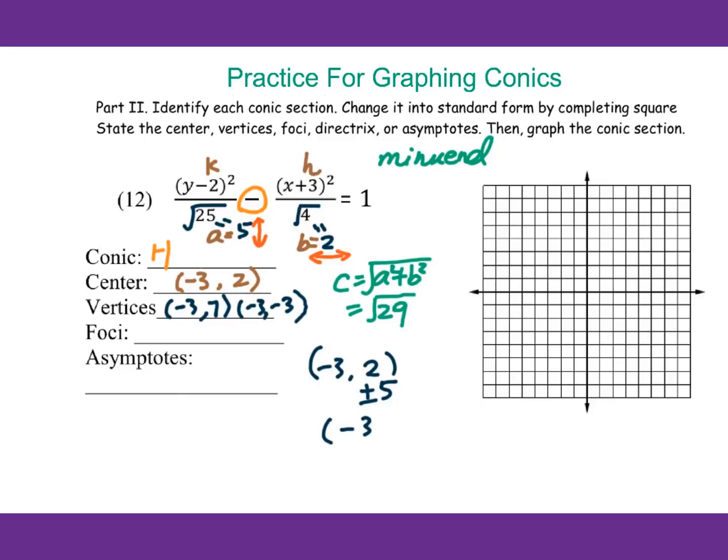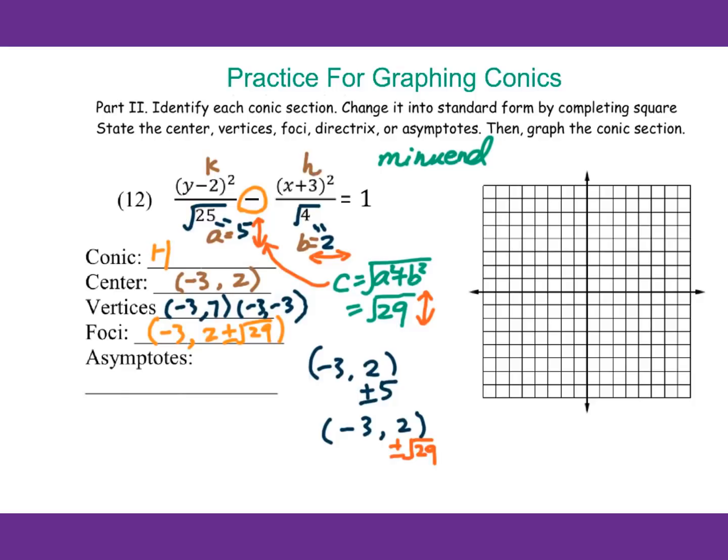For foci, -3, 2. The arrow for C will follow A. Therefore, we add or subtract square root of 29. So we get -3, 2 plus or minus square root of 29.